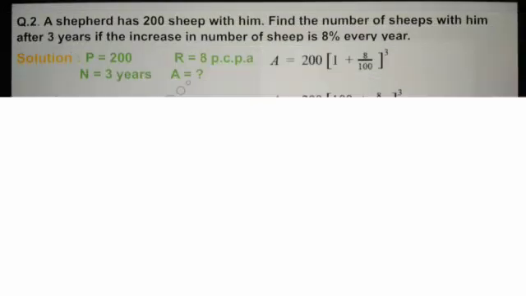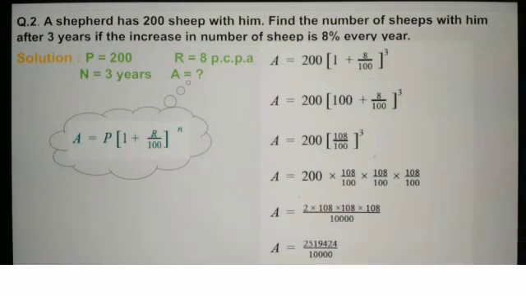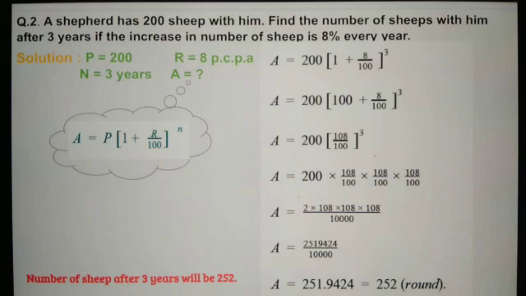The second sum. A shepherd has 200 sheep with him. Find the number of sheep with him after 3 years if the increase in number of sheep is 8% every year. Now here, what is the number of sheep, children? 200. What is the rate of increase? 8%. Correct.